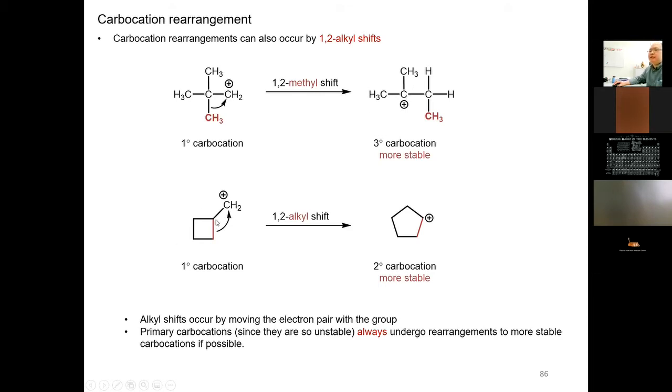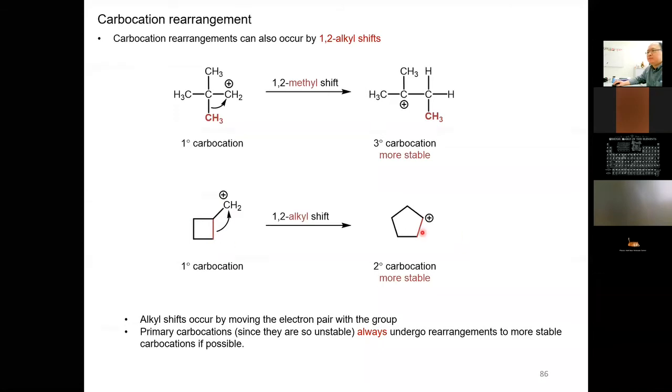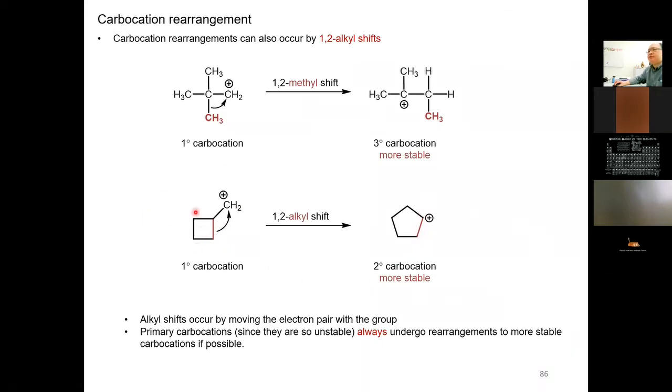So if you look at these ring structures, again, you have a primary carbocation, and in order for it to generate a more stable carbocation, this alkyl group will migrate to give this secondary carbocation. Some of you may wonder, why doesn't the hydride migrate to generate a tertiary carbocation here, right?